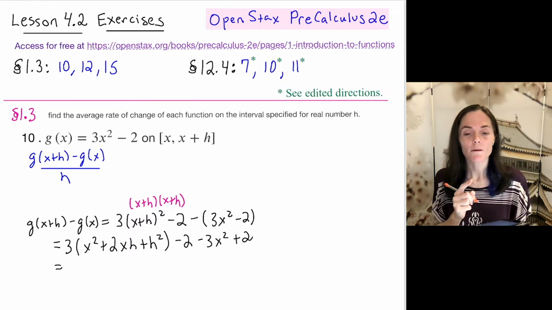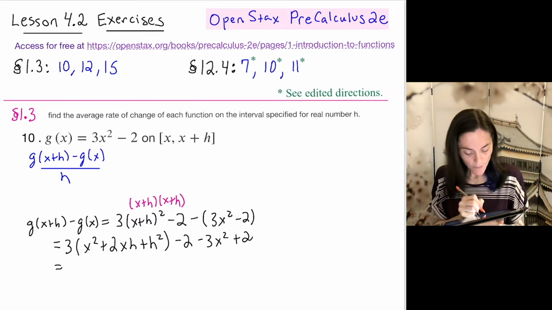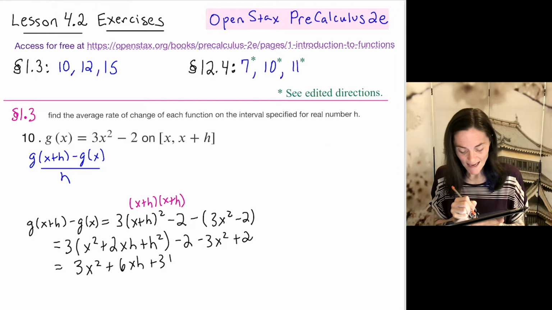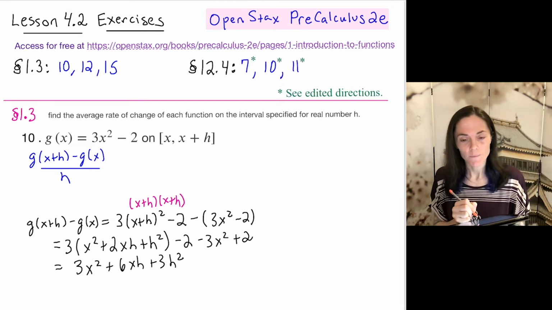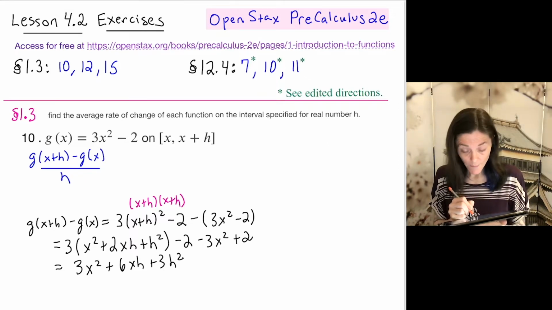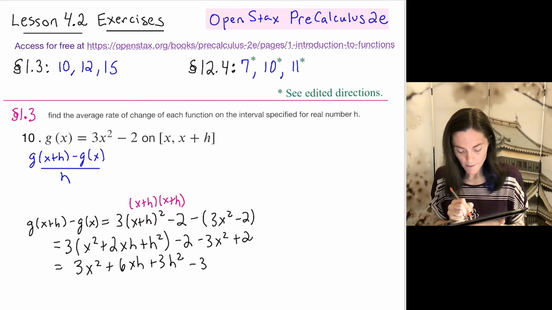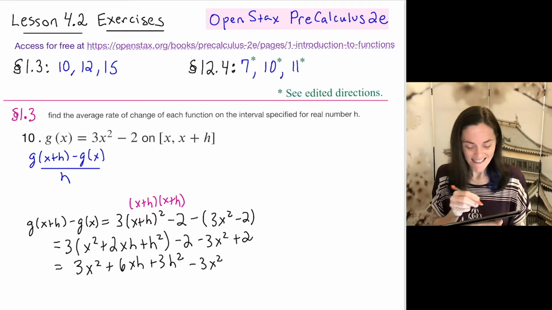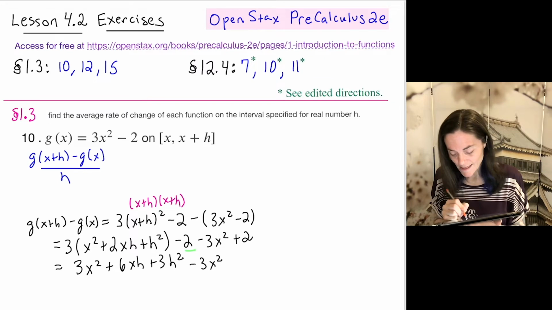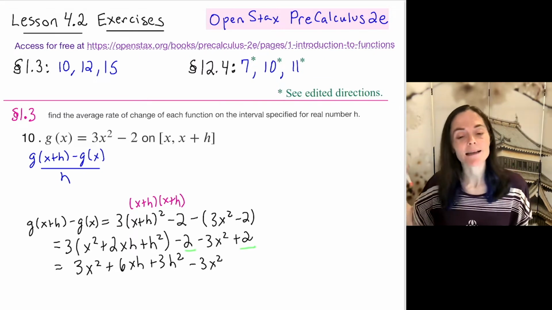Let's take one more, maybe two more steps. We have 3x squared. We have 6xh. We have 3h squared. And then we just have minus 3x squared here, because here minus 2 and here plus 2 adds to 0.